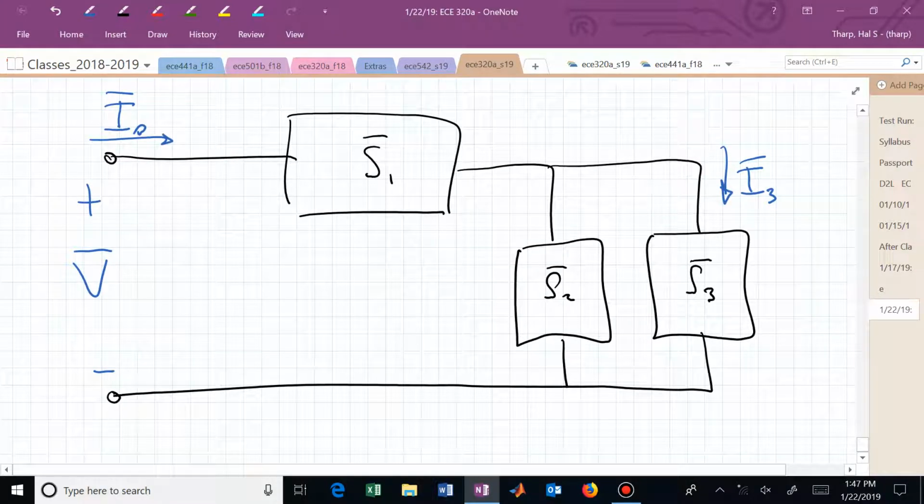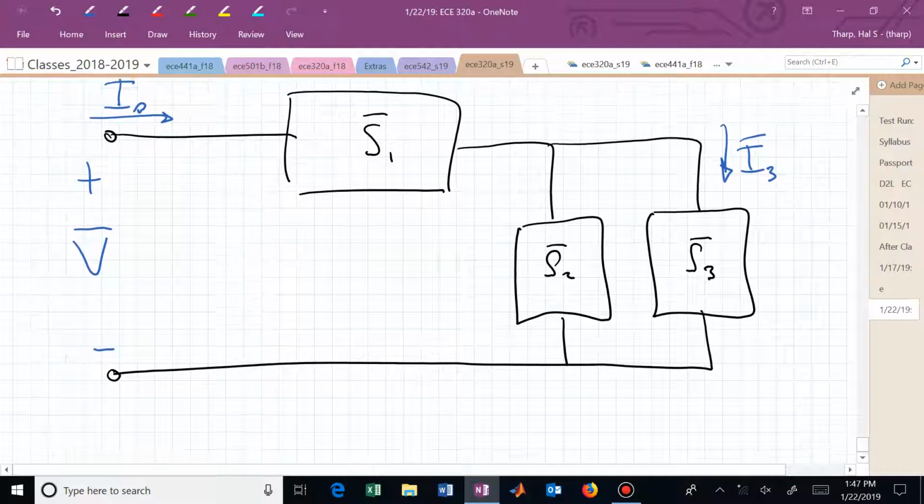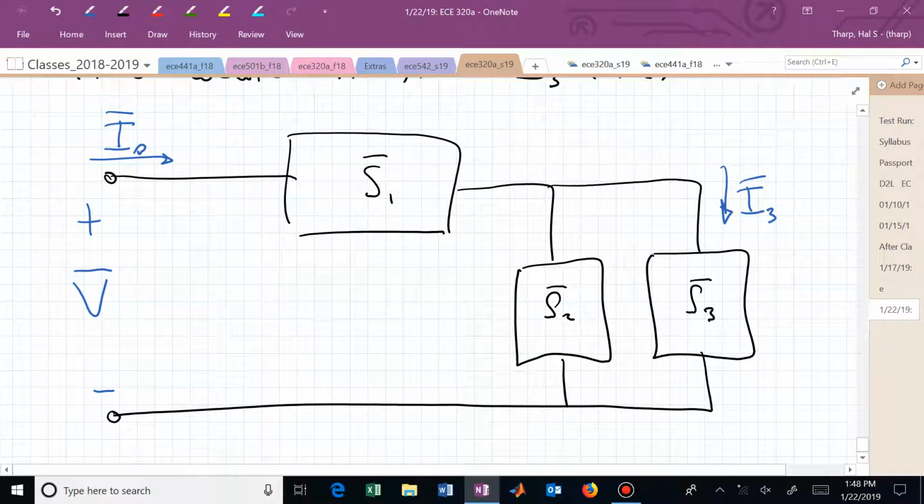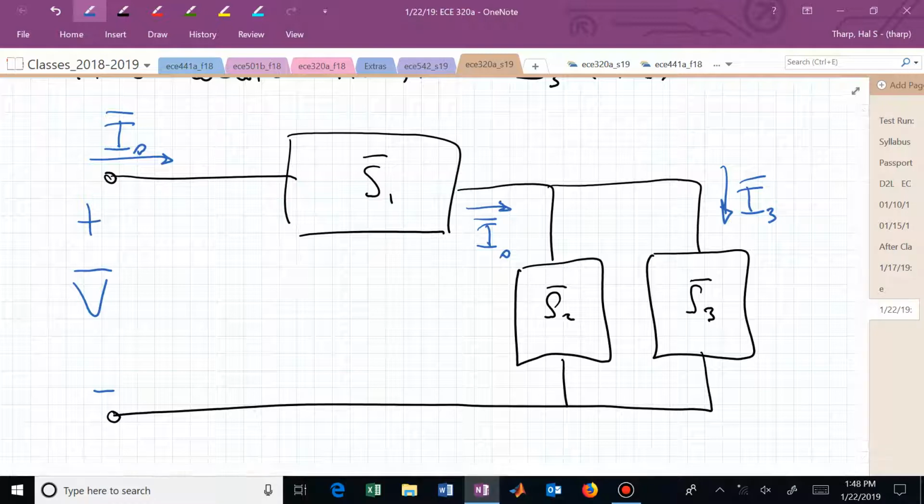And there's various ways of doing that, but one way would be to say, well, this current I sub S is the same to the left of that load 1 as it is to the right. So we now know what this current is. Maybe we could use that to help us understand what we need to find I sub 3.